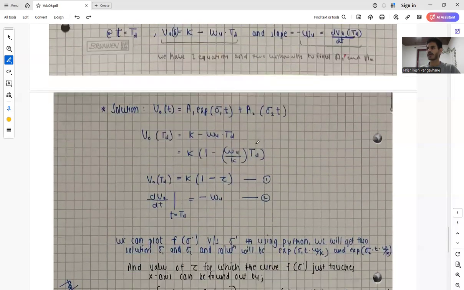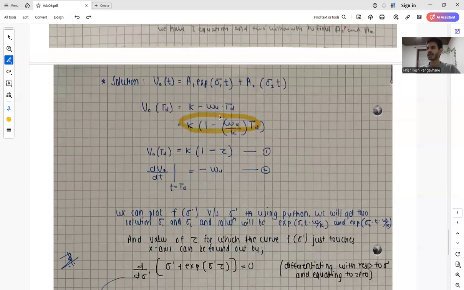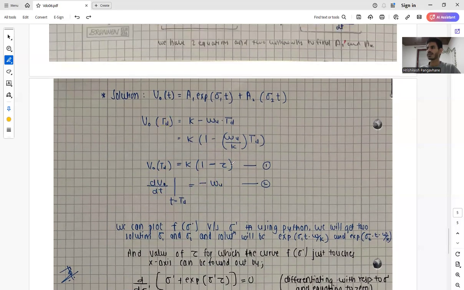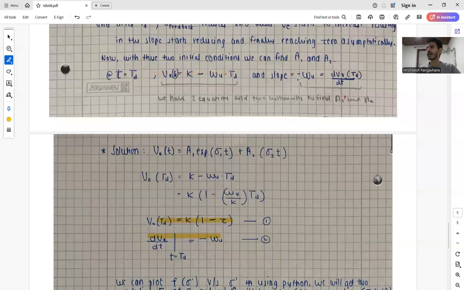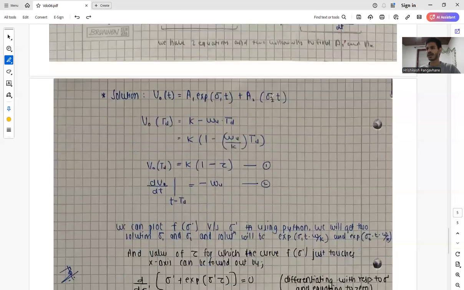And by rewriting this equation, we can simply say that v naught at td is k times 1 minus tau, or we can simply say that at t equals td, dv naught by dt equals minus omega u. So we have these two equations from here.